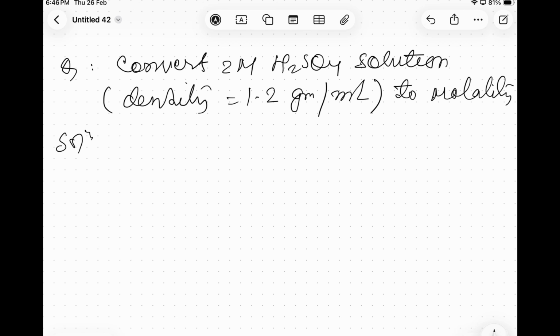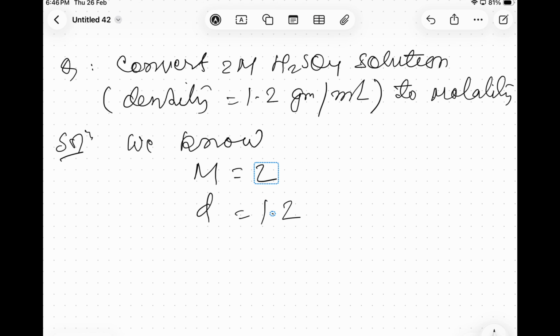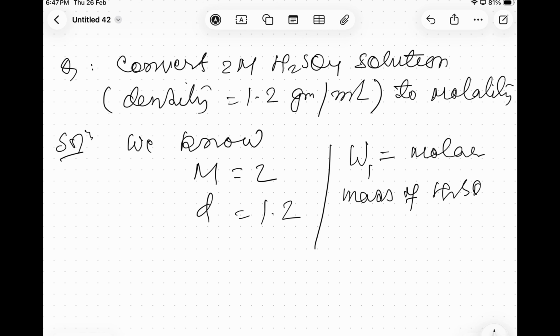To answer this question, we know capital M is 2, D is 1.2, and W1, that is molar mass of H2SO4, is equal to 98 gram per mole.